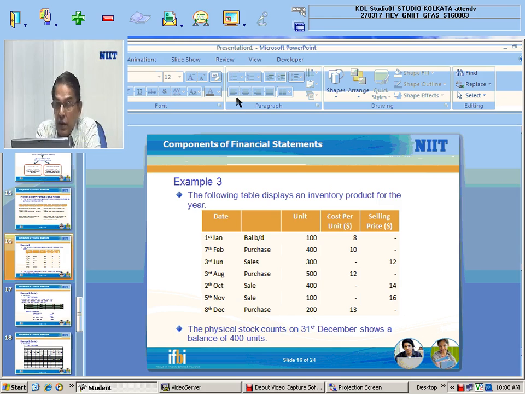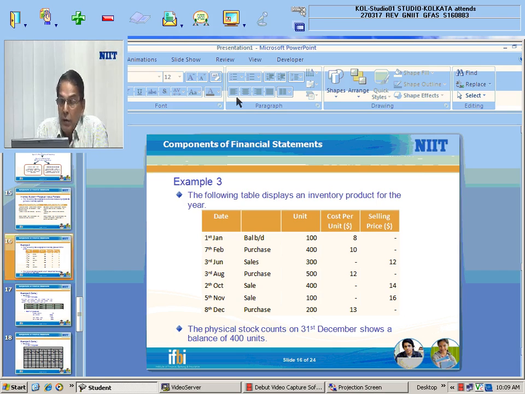On 3rd of August, again 500 units are purchased, cost per unit was 12. On 2nd of October, 400 units are sold at 15 each. 5th of November, again a sale of 100 units took place at 16 for each unit. And 8th of December, again purchase of 200 units are made at 13 per unit.